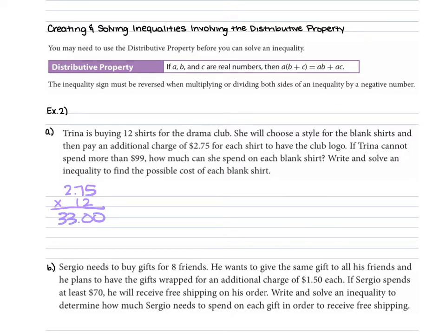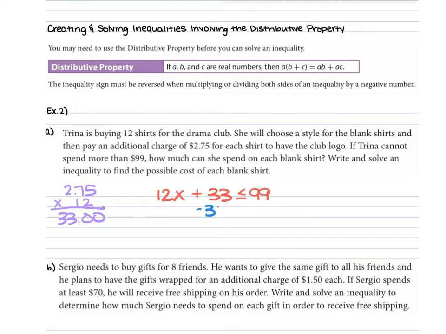From here, we're going to put this into our inequality with the 12 and the 99. So we have 12 shirts. They're going to cost something a piece, plus the $33 if she puts the logo on it. Now, she cannot spend more than $99, so this price has to be less than or equal to $99. So this is our inequality. Now we have to solve it for that x.